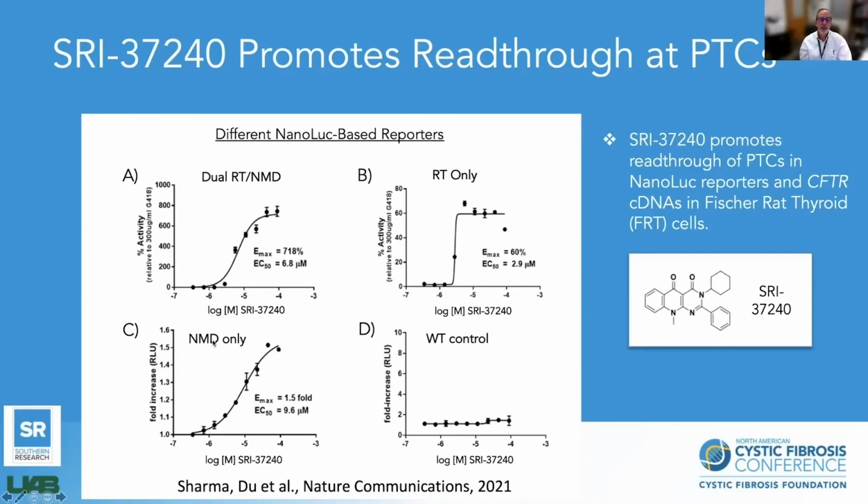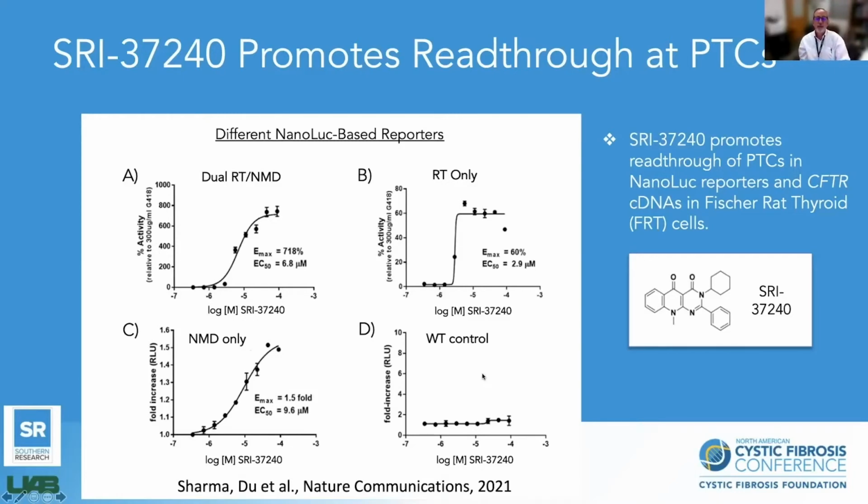We also have NMD-only reporters that have a wild-type NanoLuc, but there are introns in the globin, so that only changes as a function of mRNA abundance. And we see a slight effect on mRNA abundance, maybe 1.5-fold. We think that's probably a secondary effect due to increased ribosome transit on the entire length of the mRNA.